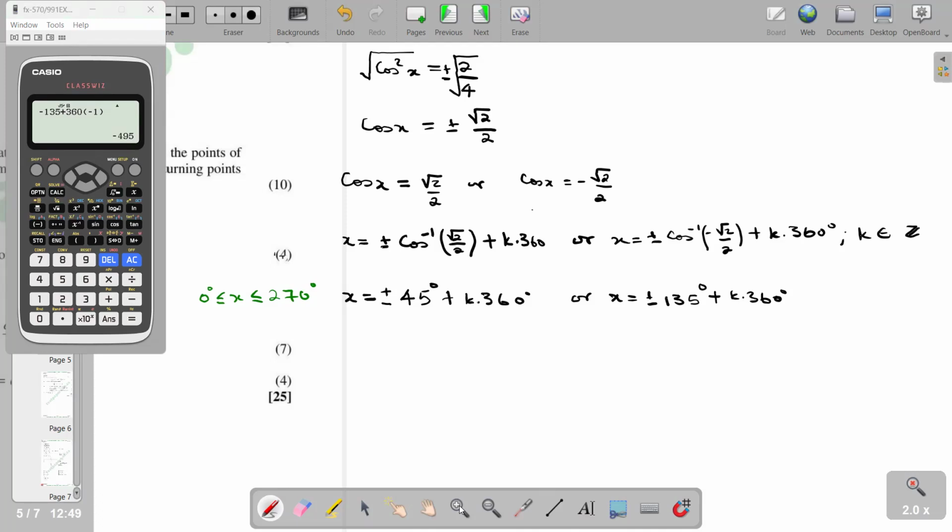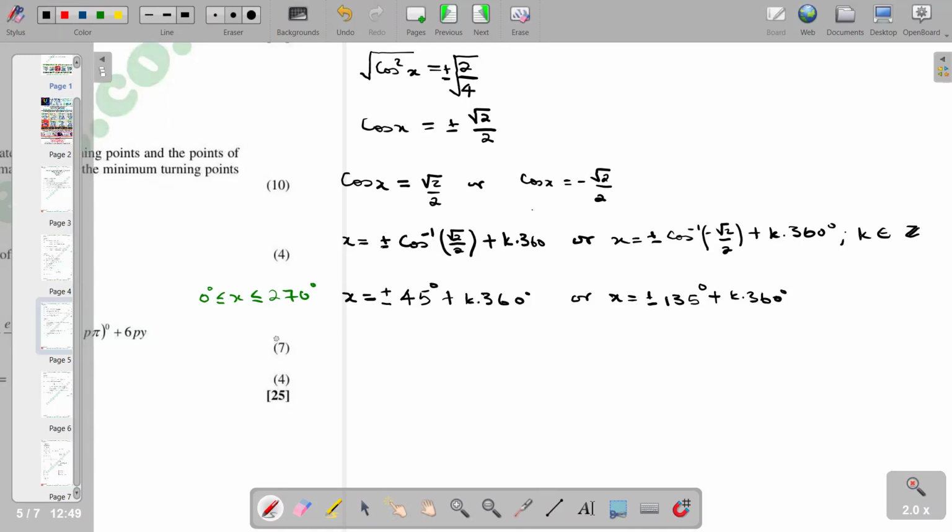which were our x is equal to 45 degrees, which is within the range, or our x is equal to 135 degrees, or we found that our x is equal to 225 degrees.